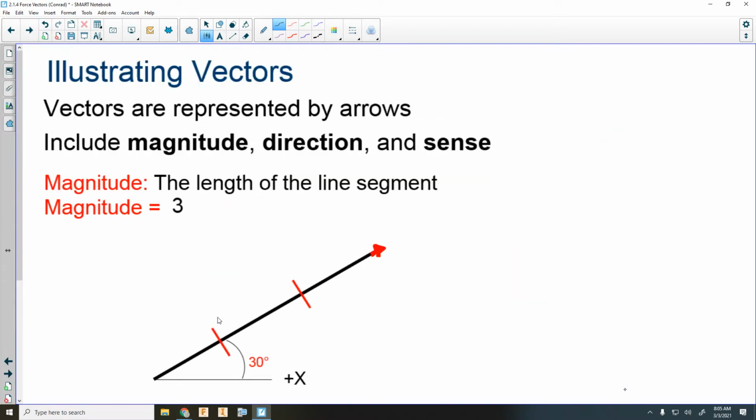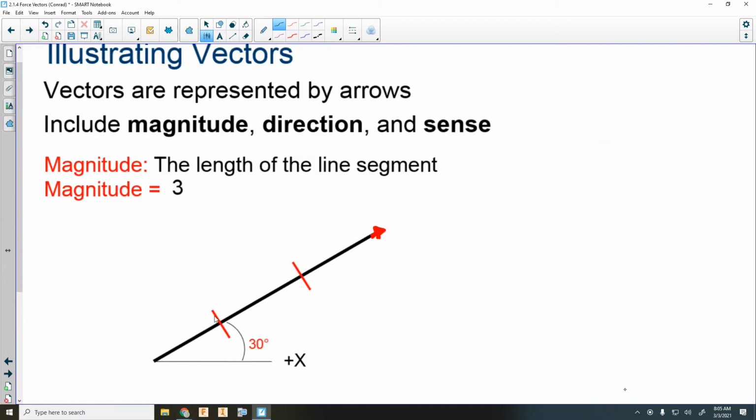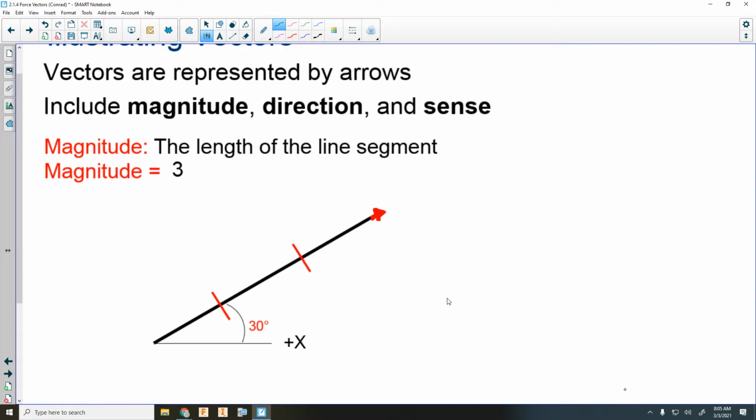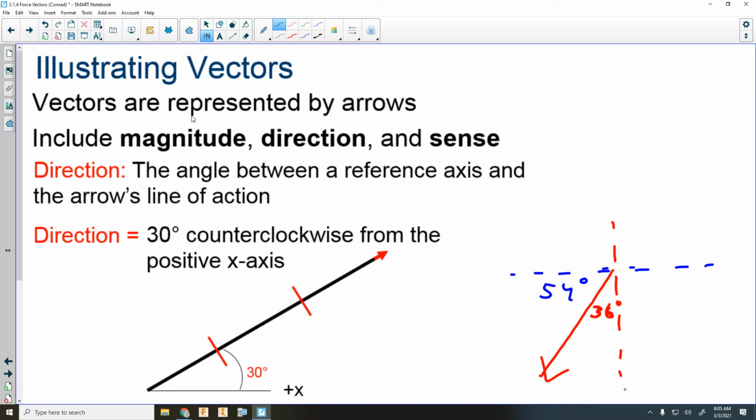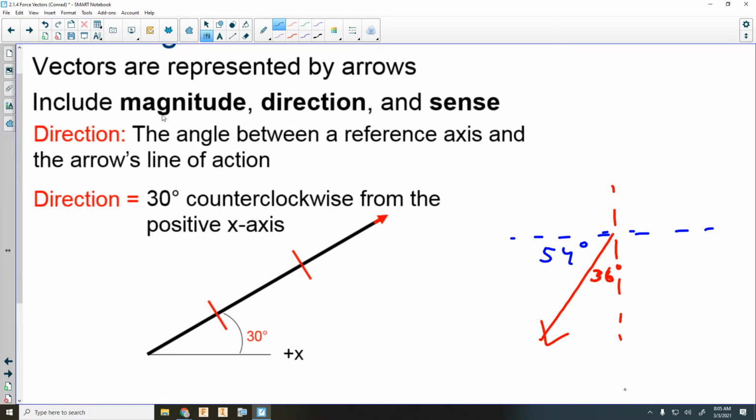With the magnitude, here's an example. It has a magnitude of 3 units. That would be pretty simple. And we can say it's 30 degrees. So it's going to have a magnitude, direction, and a sense. Okay? What is the sense? Of course, for the direction, we always go to the x-axis with angles. So there I have another vector drawn.